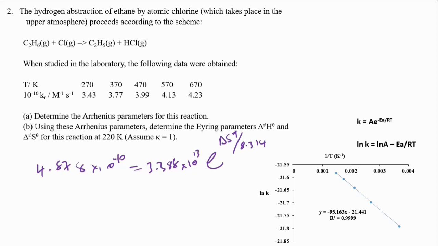Then I'm going to divide. I'm just going to start to wrap things up, tidy things up a bit. 4.87 times 10 to the 10, divided by 3.388 times 10 to the 13.